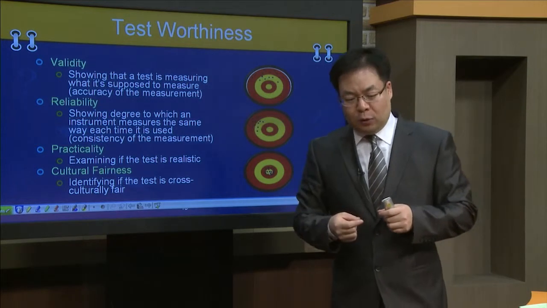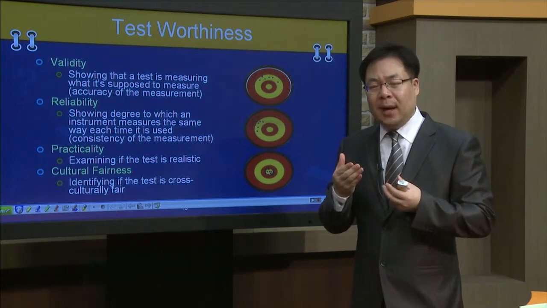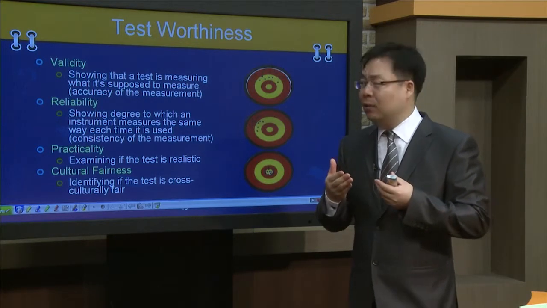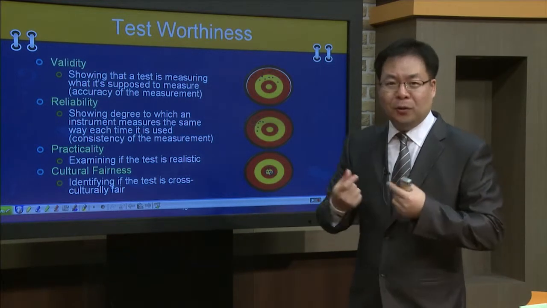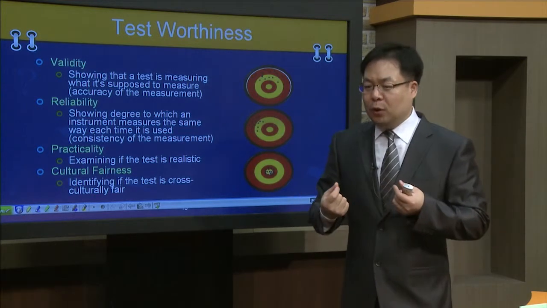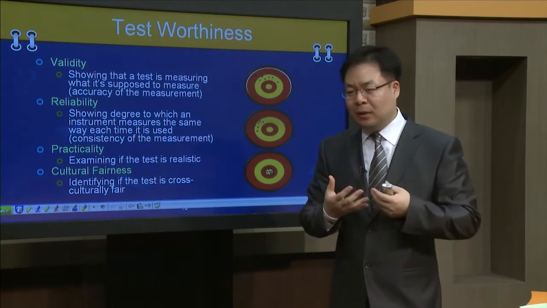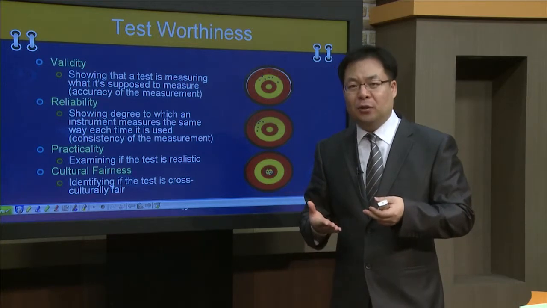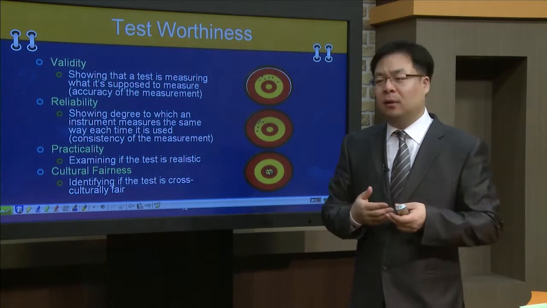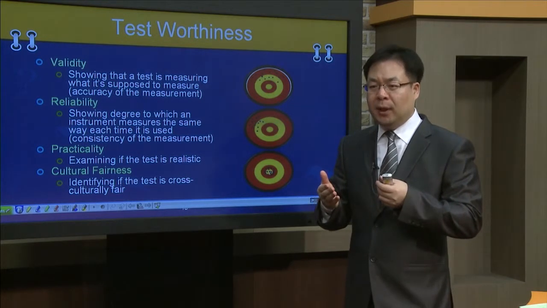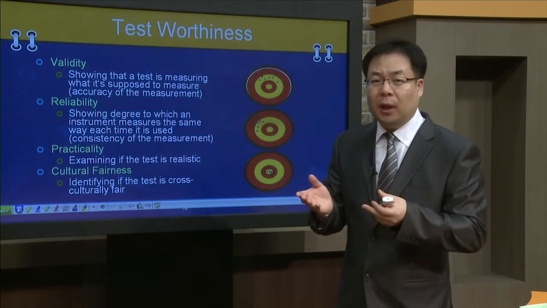So if we have an intelligence test that has very high validity, which means it measures students' intelligence, not other psychological characteristics, and the student completes that test and shows an intelligence score of 110, then if we let the student take the test again, it should show a pretty similar score, like a 115 or 113.